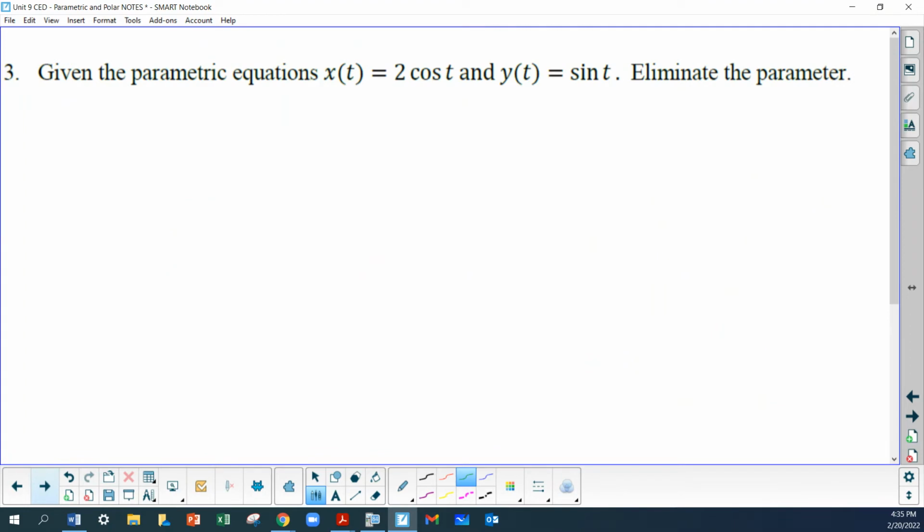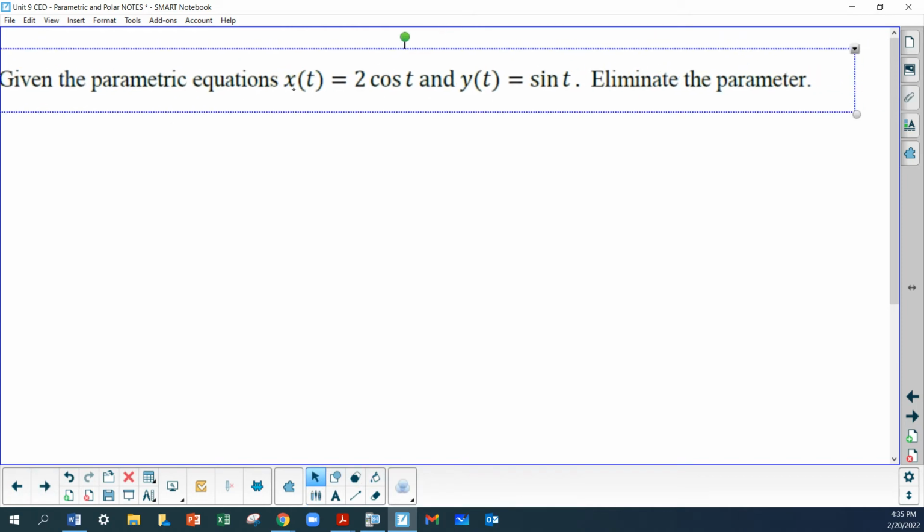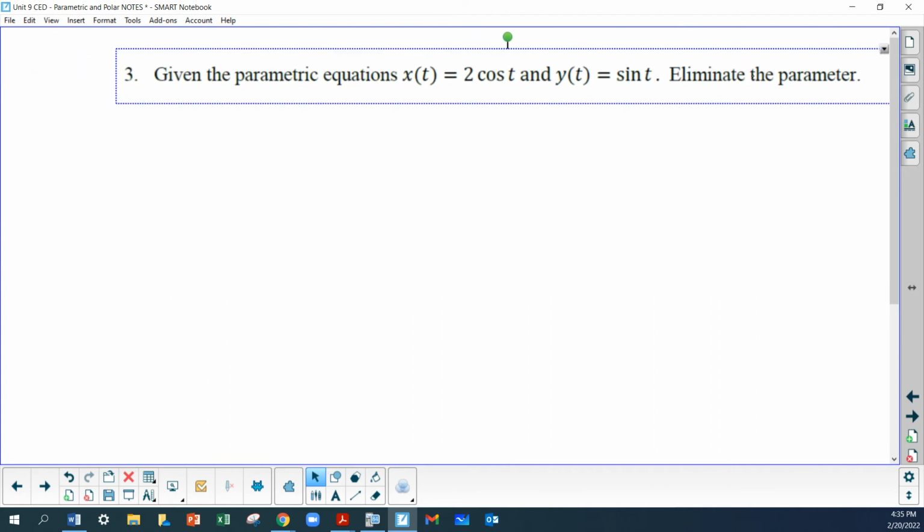Very cool. All right, problem number 3. Given the parametric equations, eliminate the parameter. Well, we get to work with cosine and sine. I'll give myself a little bit of space over on the left side.